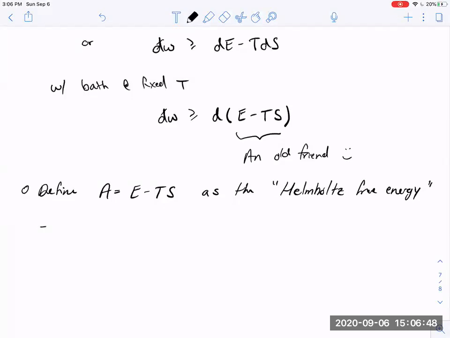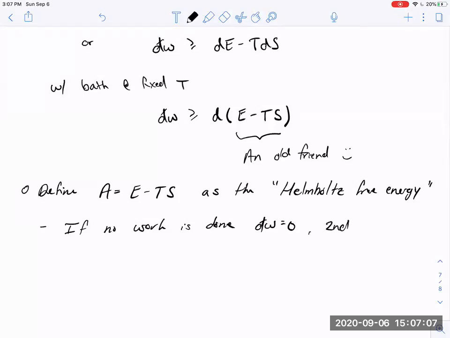Why do we define such a quantity? Well, if no work is done on the system, that means that dW is 0.